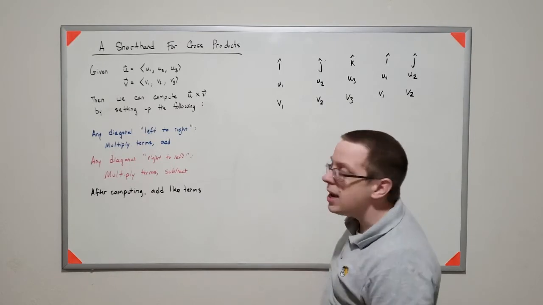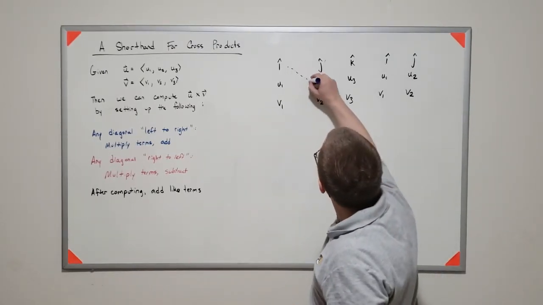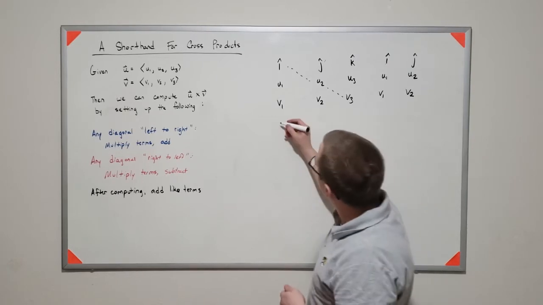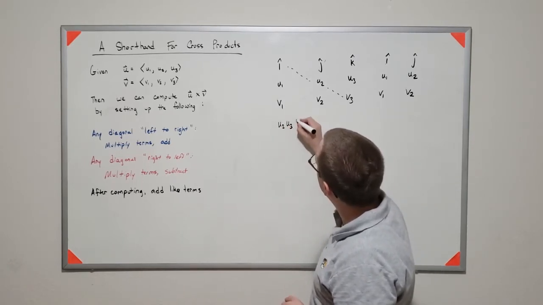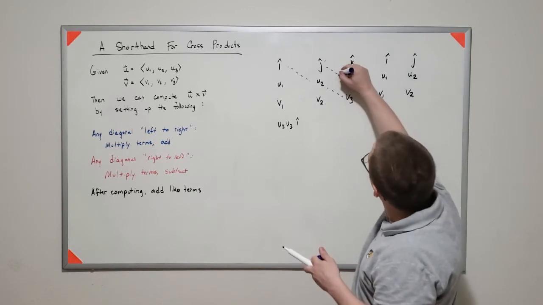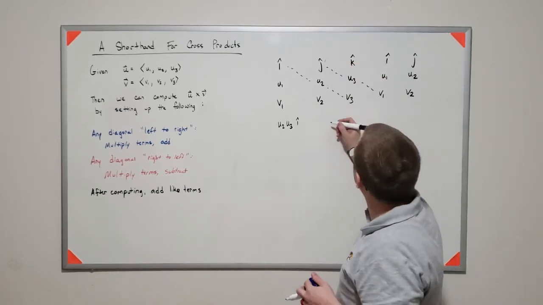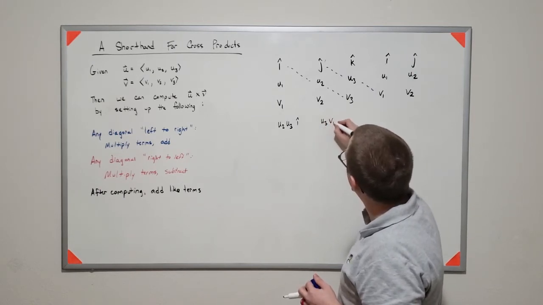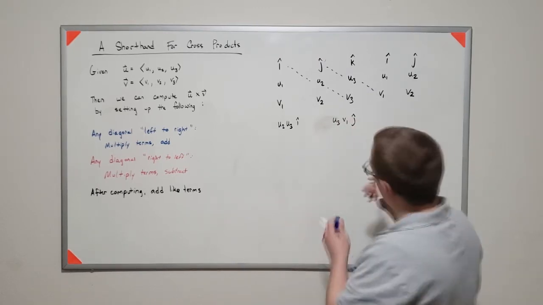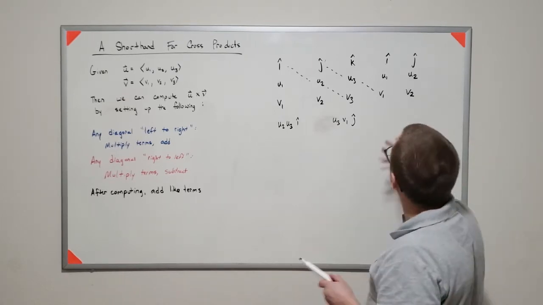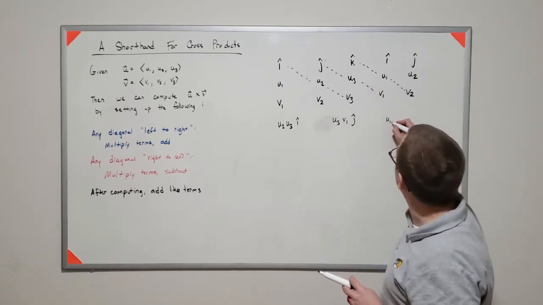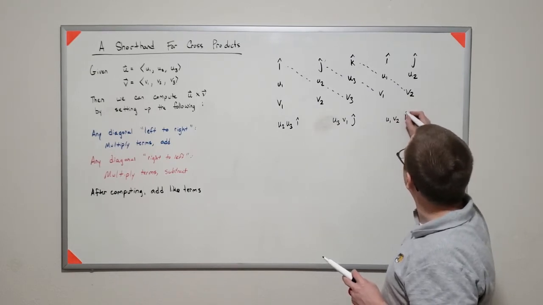So in this particular case, let's go left to right. I've got u2, v3, i, and then I've got u3, v1, j, and then I've got u1, v2, k.